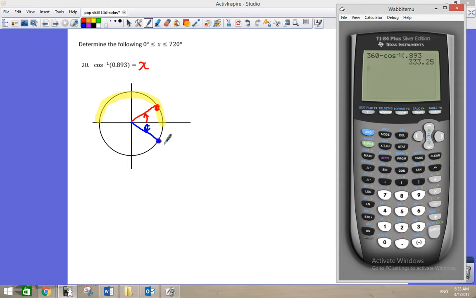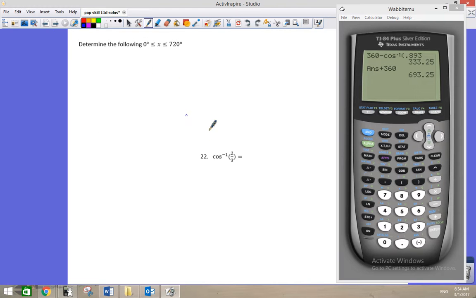So there's the first of the 2 solutions that this point is providing. Take the cosine of this angle, and you're going to get 0.893 or something approximate to it. Add 360 to this, and the same thing. If you take the cosine of this, you're going to get something approximately equal to 0.893.